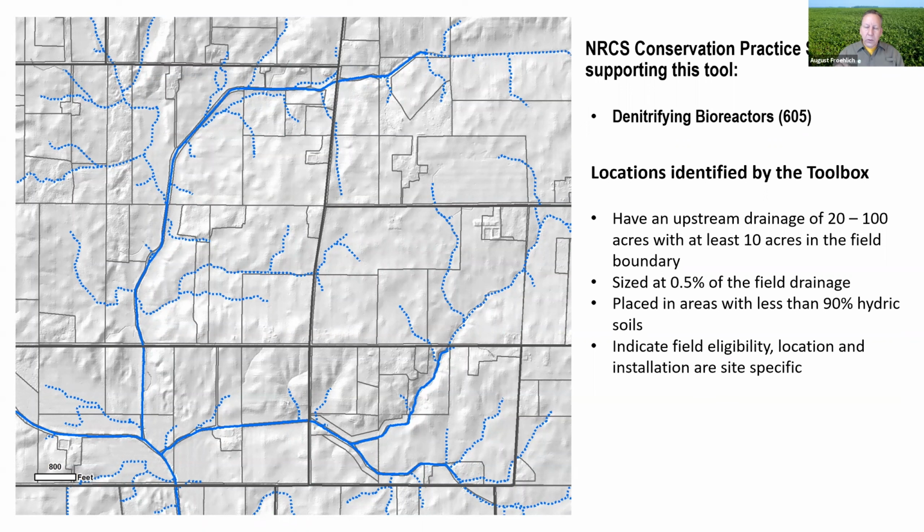The tool also tries to identify a location for the bioreactor by estimating the contributing drainage and then taking a fraction of that, half of 1% of that size, and settling that in the spot where it ought to be placed.